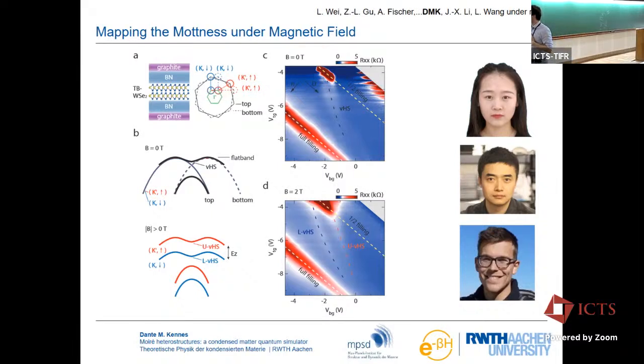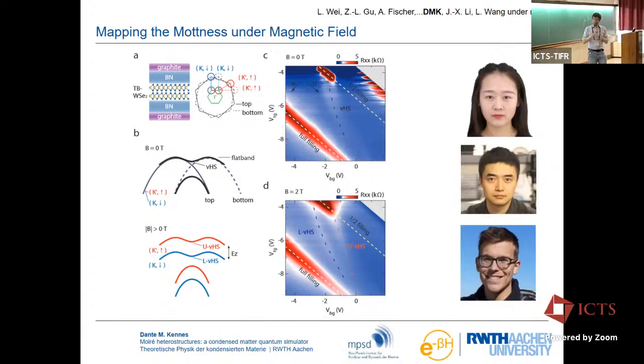This work is all due to Lingnan Wei, Lei Wang, and my student Amon Fischer. They looked at twisted tungsten diselenide, which has very strong spin-orbit coupling, and the flat bands you get are, as a consequence, spin valley locked. So the flat band is locked to the spin species.